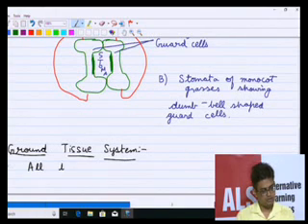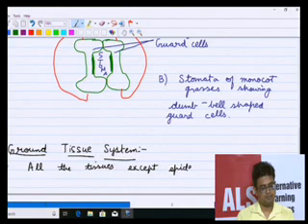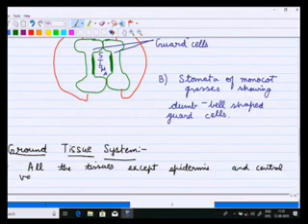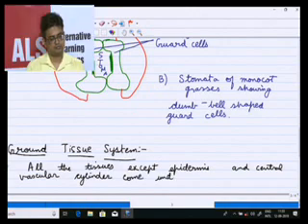All the tissues except epidermis and central vascular cylinder come under ground tissue system.